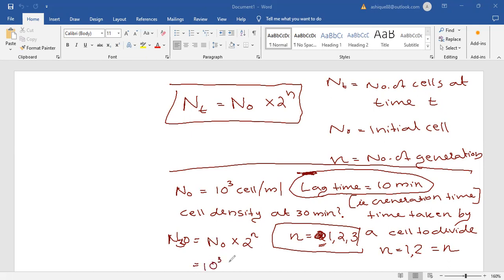So 10 raised to 3 into 2 raised to 2 is the answer. 2 raised to 2 is equal to 4. So 4 into 10 raised to 3 will be the answer. Is it clear? Yes, sir.